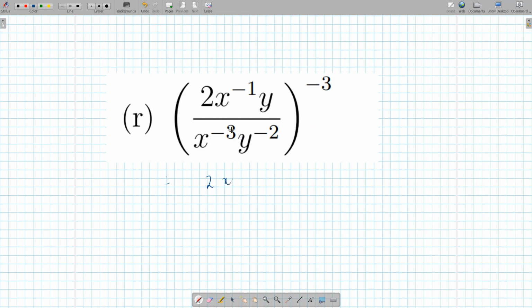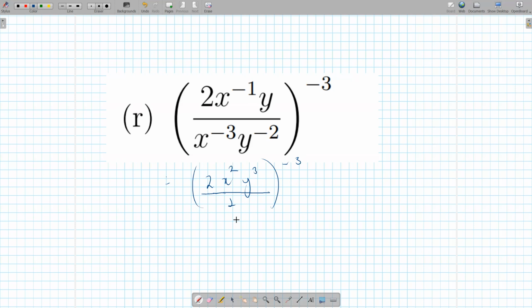So -1 plus 3 is going to be 2. Okay. What about the y? You bring the -2 up. So how many do you get? 3. Right. Now let's open this bracket. Actually, everything is over 1, right? Mm-hmm. Because there's nothing left.